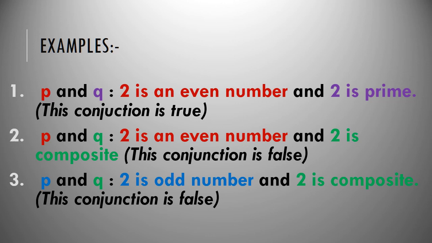One false and one true statement give rise to a false statement, and two false statements also give rise to a false statement. So only when both P as well as Q are true, the resultant statement will be true. In all other cases, the resultant statement will be false.